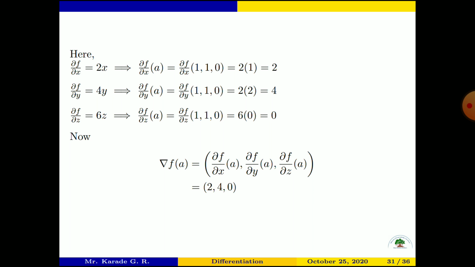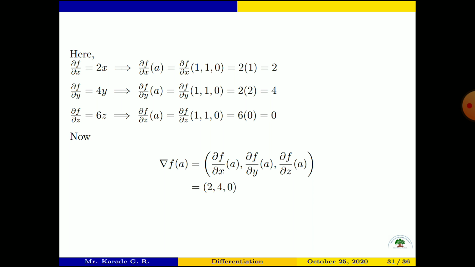Again the partial derivative of f with respect to y is equal to 4y, and dou f by dou y at point a is equal to dou f by dou y at point 1 comma 1 comma 0, which is equal to 2 into 2, which is equal to 4.